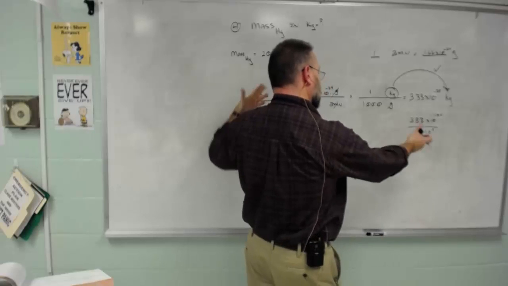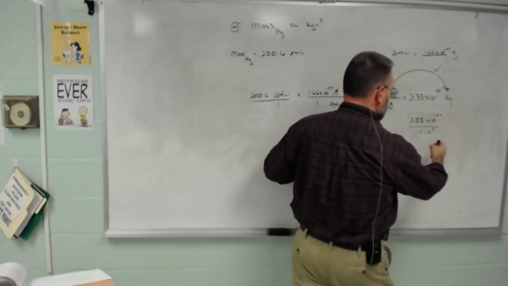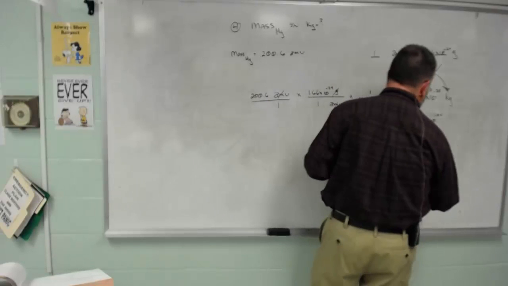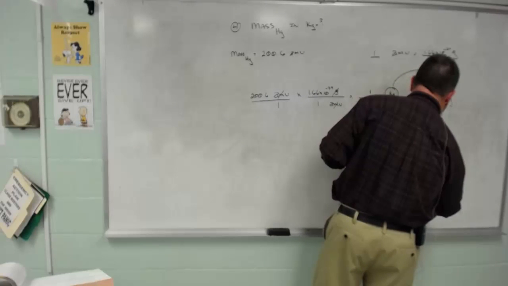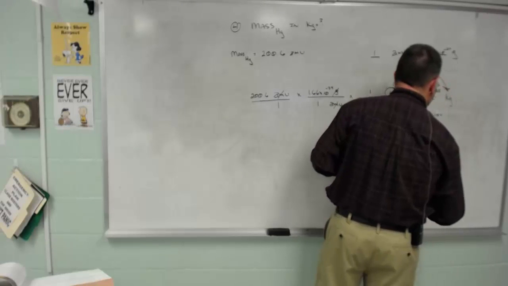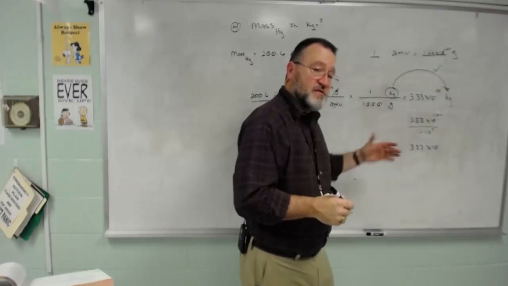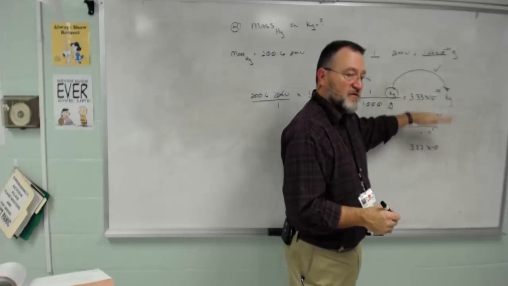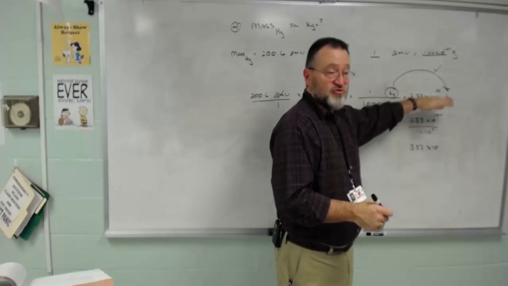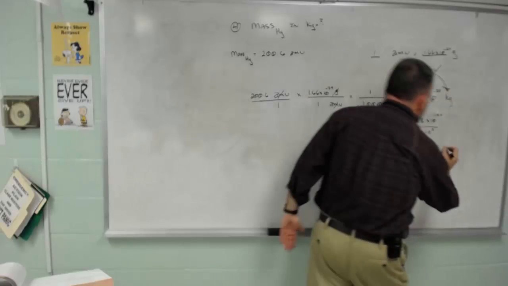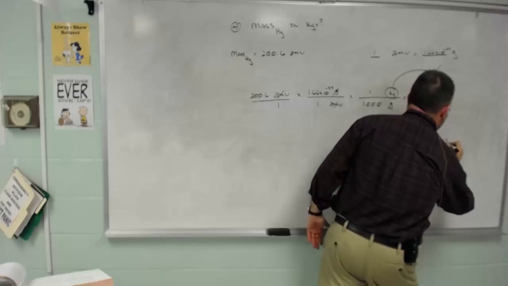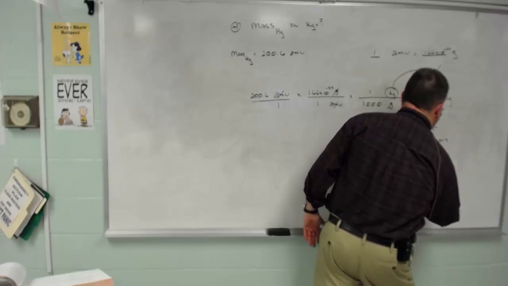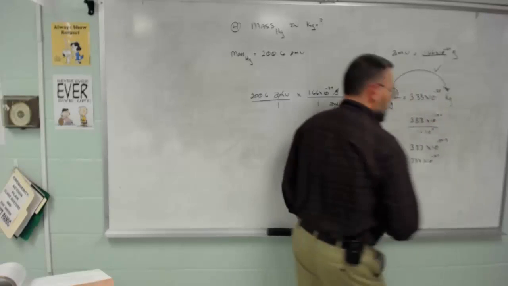All right, does that make 333? 333 divided by 1, let's just leave it as 333, times 10 to the, when we do this, we have an exponent in the denominator. When we're dividing by, we actually then subtract it from the top. So it's negative 24 minus 3, or 333 times 10 to the negative 27th.